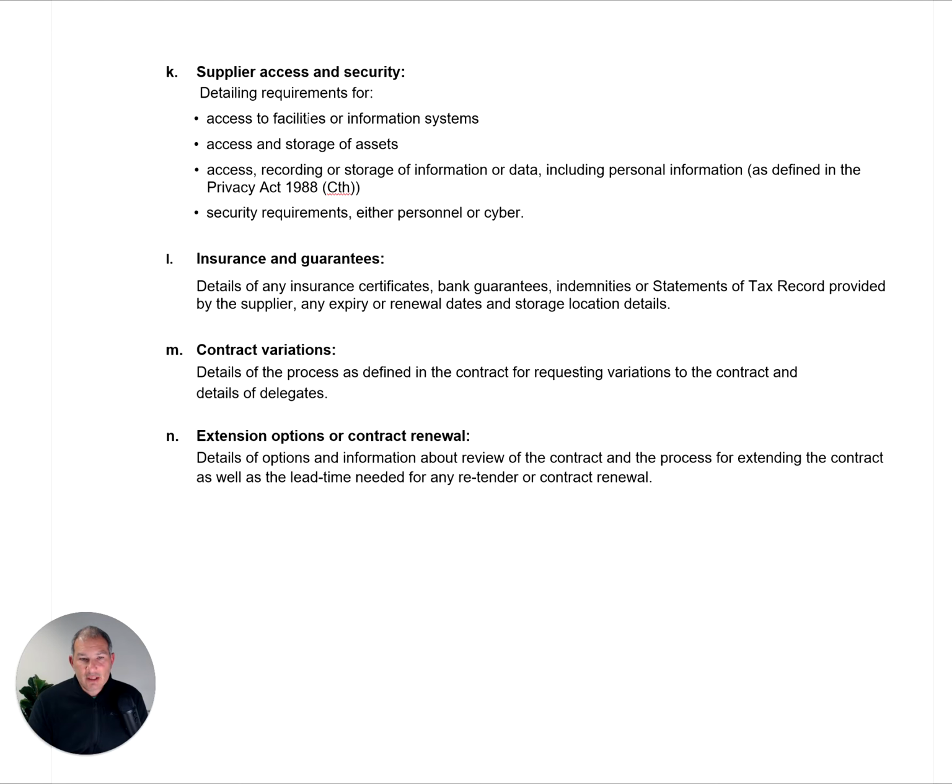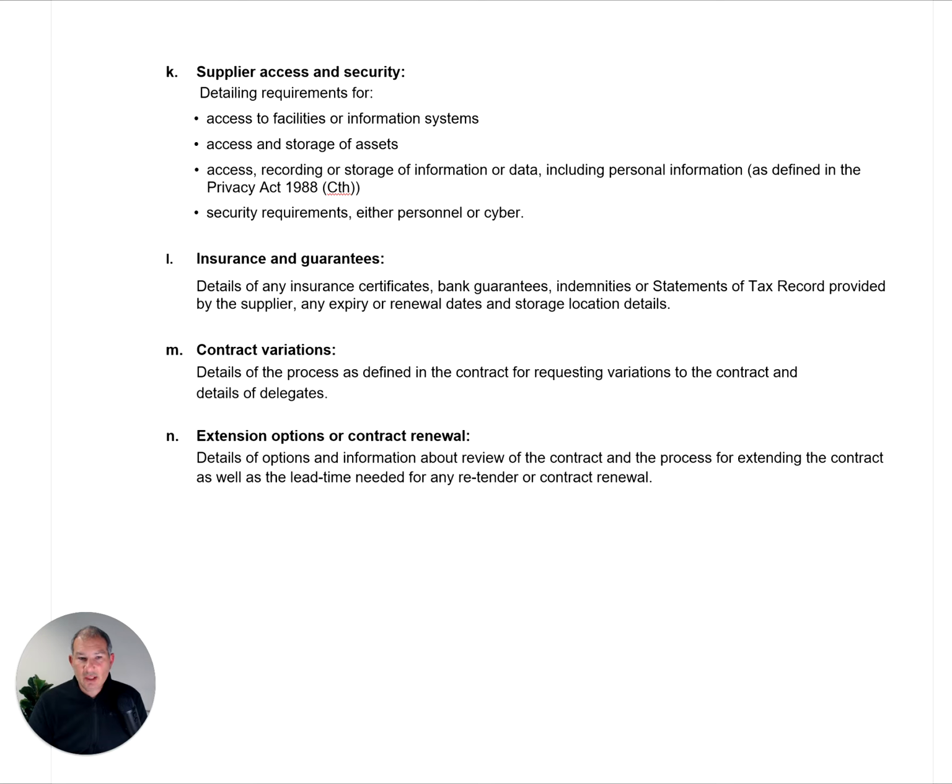You want to record supplier access and security, so what access to what information they have, and basically any GFX, so government furnished information, equipment, material, data, any government furnished stuff that the department is providing to the supplier.